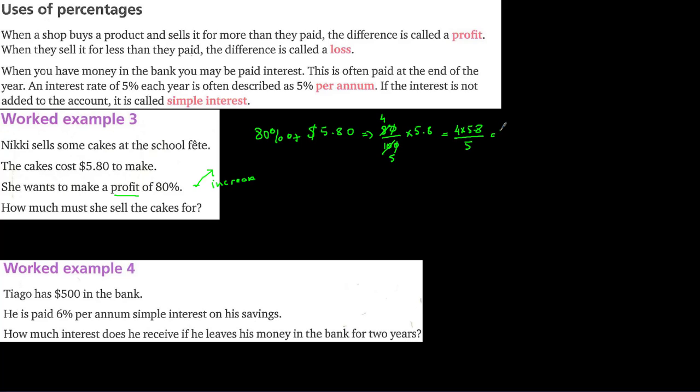So 80% is 4.64. I'm going to add this 4.64 to the 5.8 and get the new price. $5.8 added to $4.64 is going to be equal to $10.44.